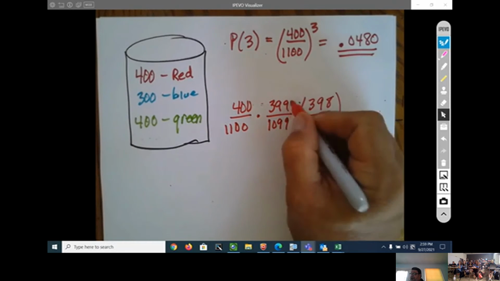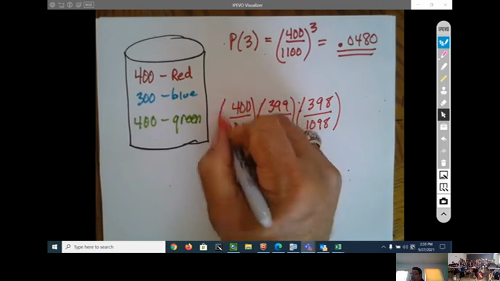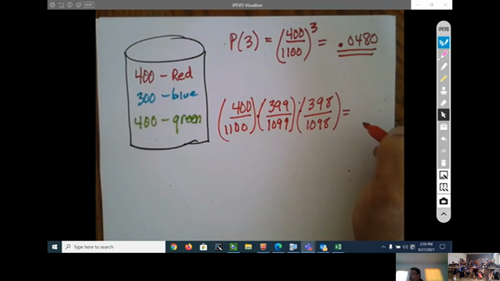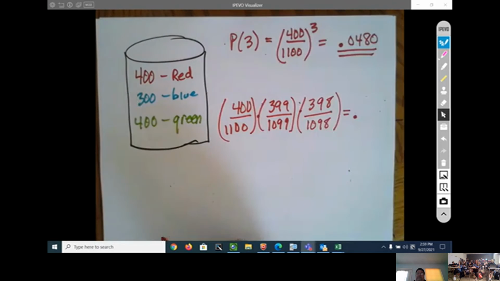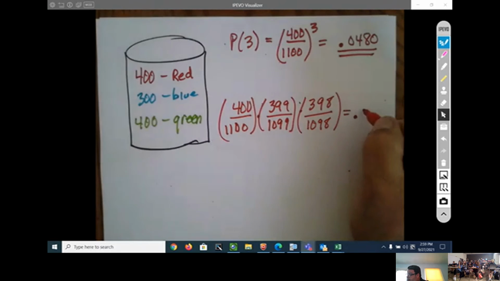Somebody multiply that, please, and give me 3 or 4 decimal points. I would put it in parentheses and do the whole thing as one operation: 400 over 1100, times 399 over 1099, times 398 over 1098. Okay, I got 0.04785.